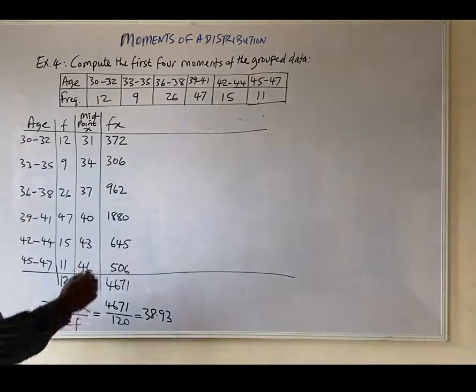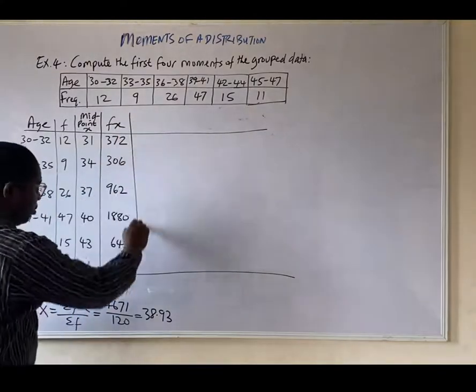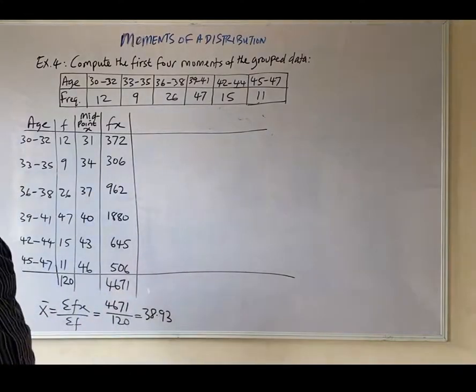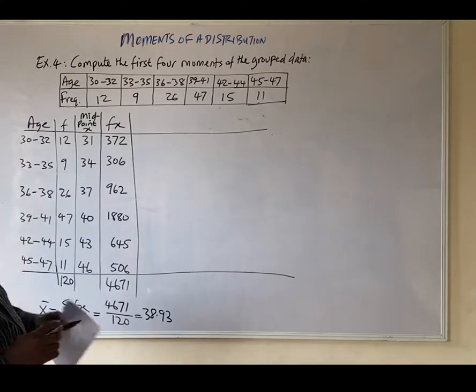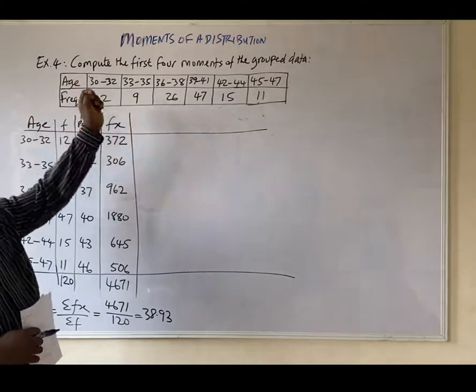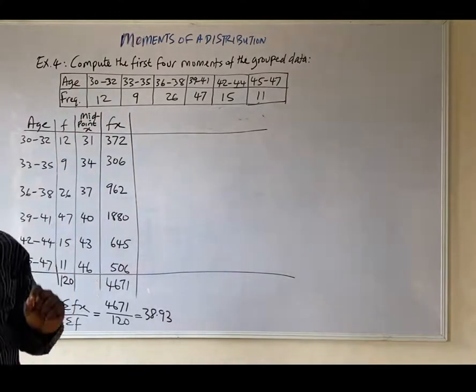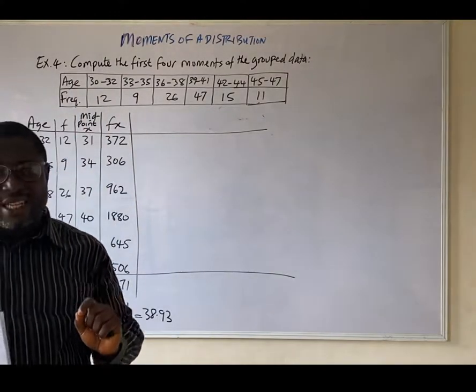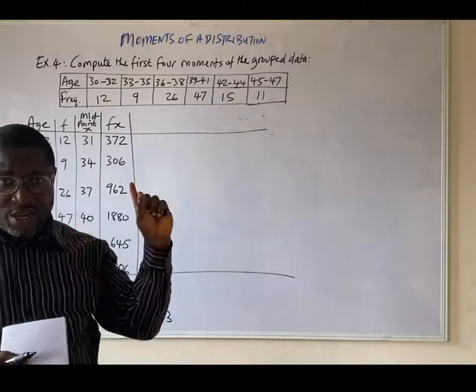Okay, what's the next thing we do? We'll now find the deviation. Now, because we're having grouped data, the formula for deviation will be slightly changed. Look at the formula I'm going to give you.